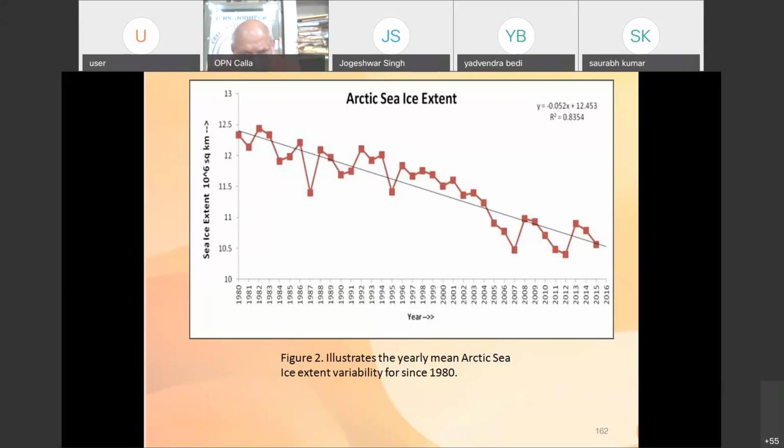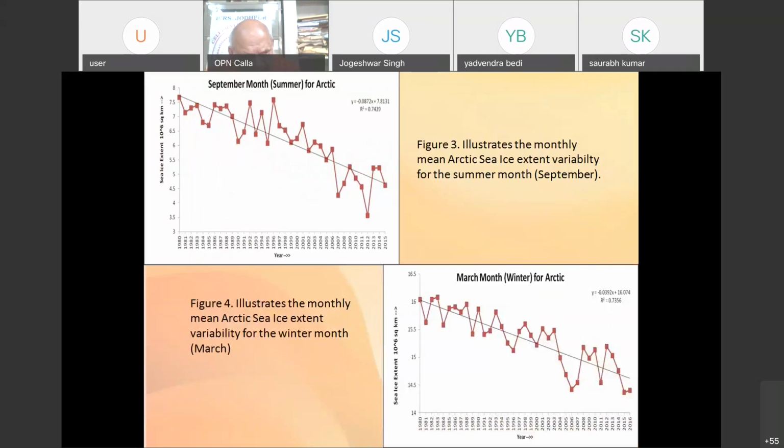Now the next one we plotted is the year 1980 to 2015, again sea ice extent, 3.5 to 4.5 in the month of September. Then here, in the month of March, from 16 to 14, again up to 16.